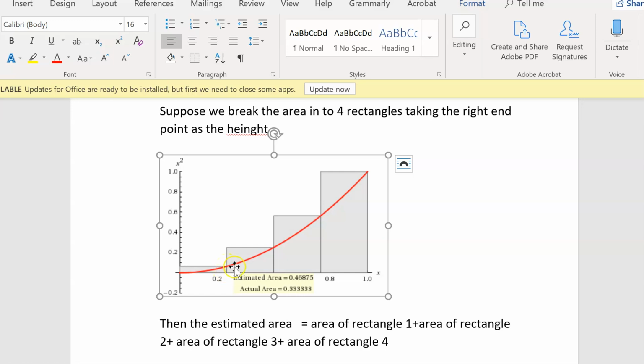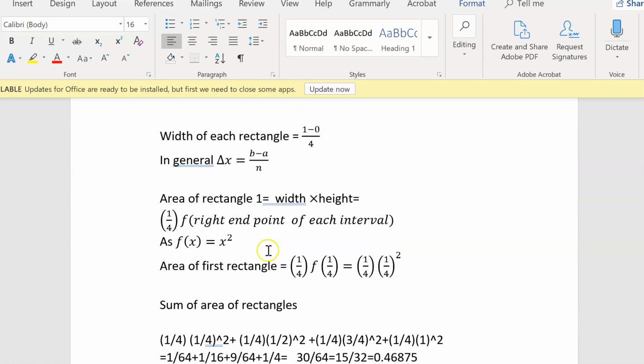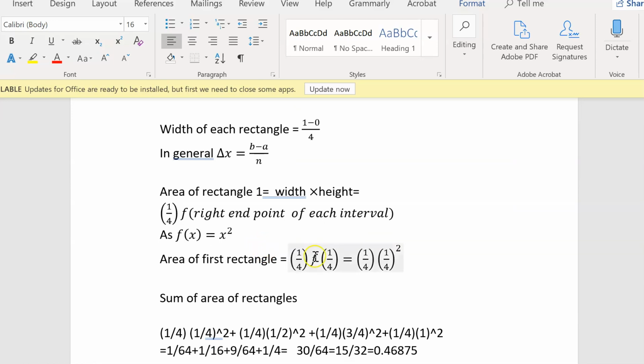Sorry, this is not 0.2, it is 1/4. So the width is 1/4, and what is the y coordinate? It's the y value at 1/4. So the area of the rectangle is 1/4 times f of 1/4.